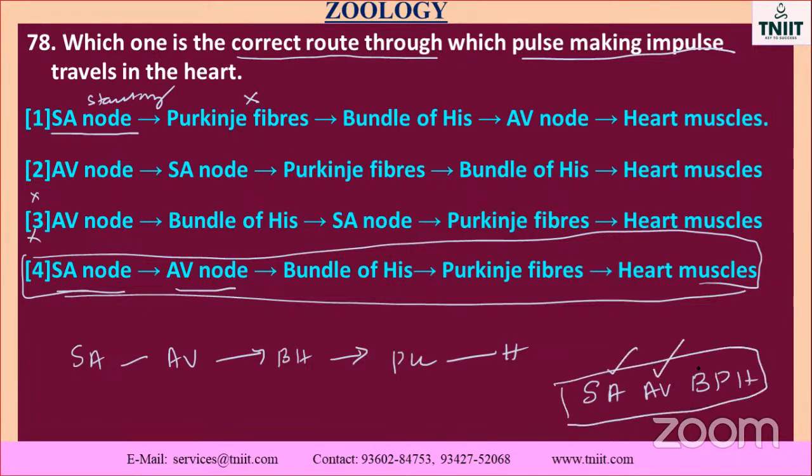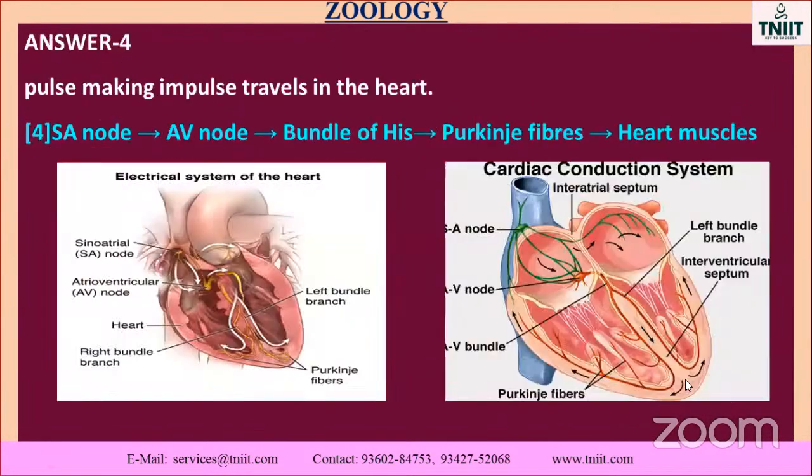Sino-auricular, auricular ventricular, bundle of His, then Purkinje fiber, and the last one is the heart muscles. See the options? So this is the part. First one is the sino-auricular node. Where is the sino-auricular node? Here is the starting part. Then it transfers to the auricular ventricular node here.